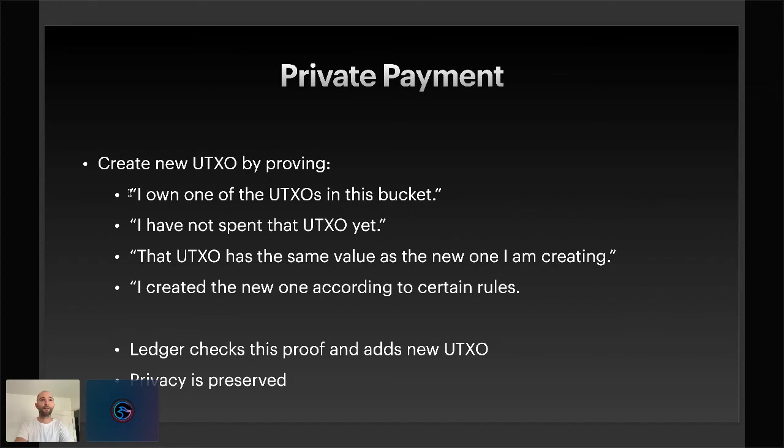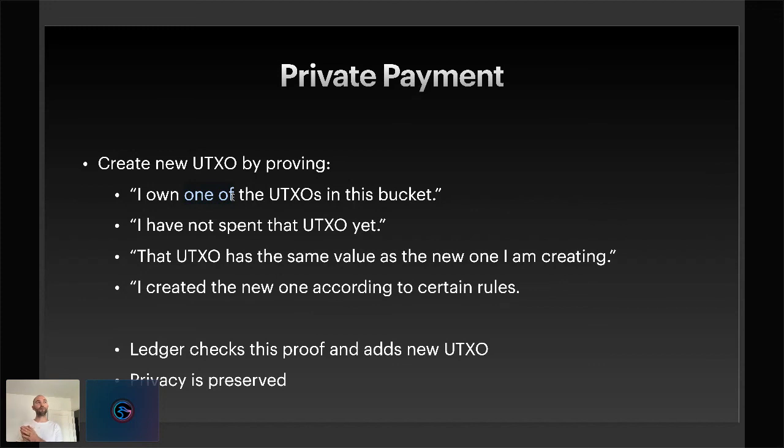The first part of this statement is, I own one of the UTXOs in this bucket. And it's that "one of" that is so important, okay? Because in your proof, just as the Rubik's Cube tutor did not want to show me any of the secrets to how they solve the cube, in this proof, I don't want to show the verifier which UTXO belongs to me.